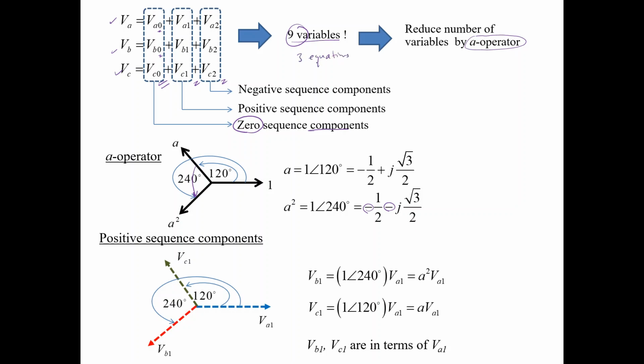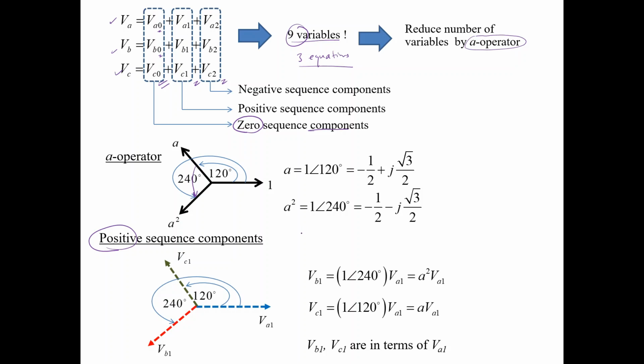We will transform this equation into 3 variables. If we analyze the positive sequence component, it looks like this: VA here, VB here, and VC here. We express this VB and VC in terms of the A operator.